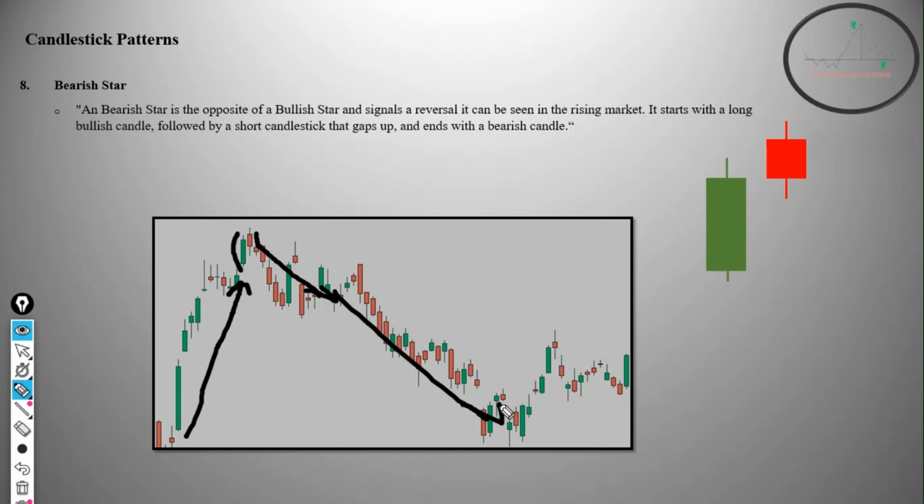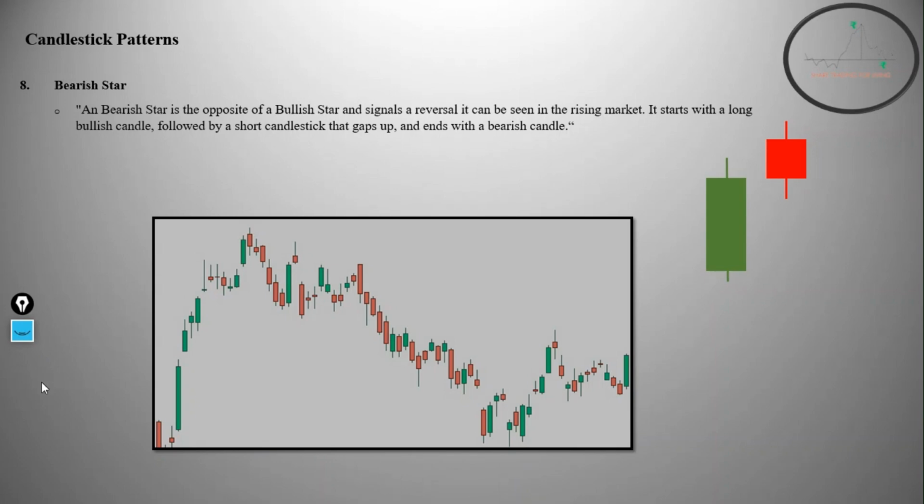It may take 2, 3, 5, 10 times to identify these patterns and then take a successful trade. So again, time and again, I'm requesting, if you feel any doubt or confusion, go back to the beginning and watch the full video again. Then only you'll gain the confidence to take the trade.